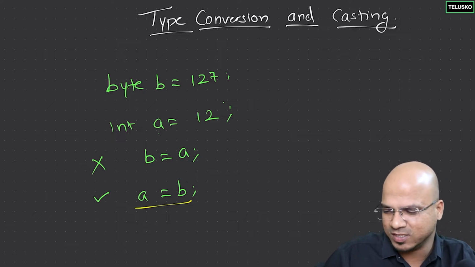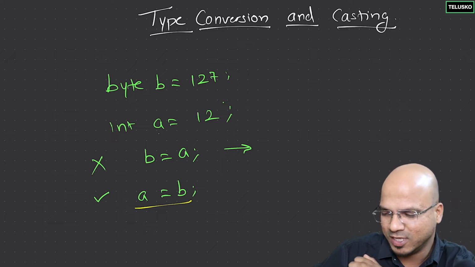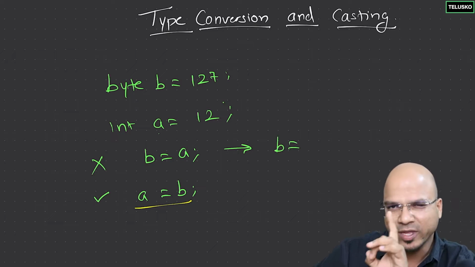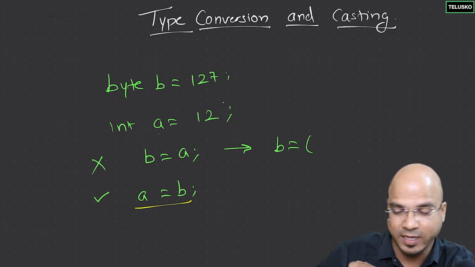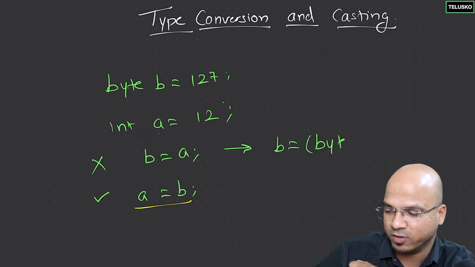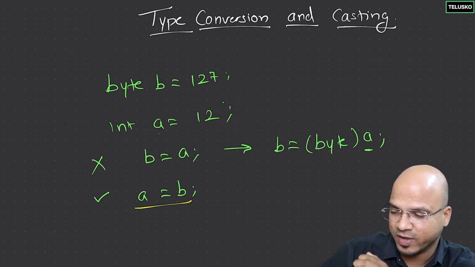In this case, you can say, hey compiler, give me one second. You can say b is equal to, and you can convert a. You do a conversion by giving brackets and mentioning the type you want to convert to. You can say byte and mention the variable name a.